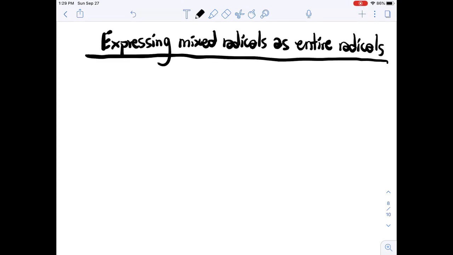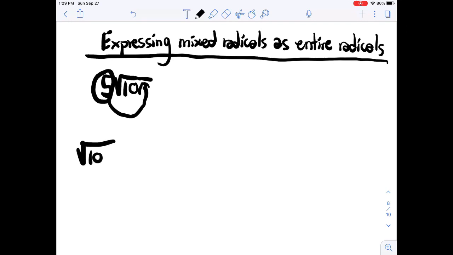Now let's do the complete opposite. Let's look at how to express mixed radicals as entire radicals. So let's look at this example: 5 times the square root of 10. We need to move this 5 so that it can go underneath the radical sign. So we're going to take the square root of 10 and multiply it by 5 to the power of 2, because in this case it's a square root, and the opposite of that is squaring a number.